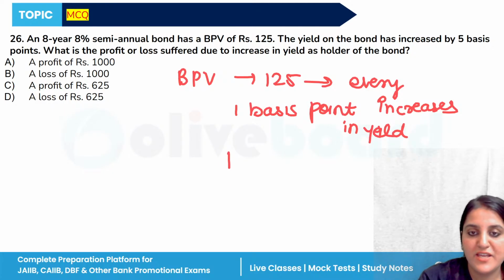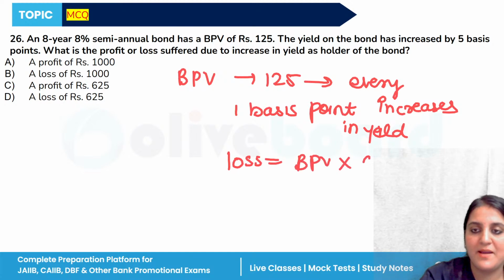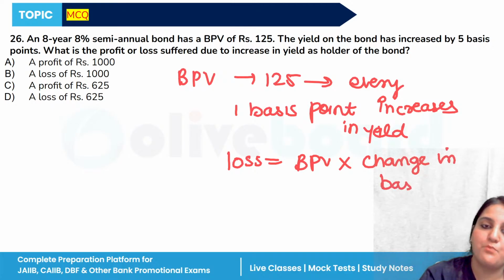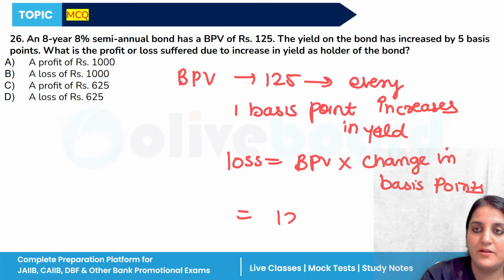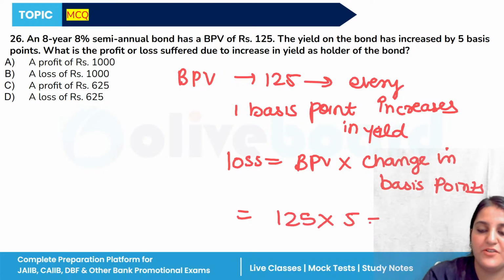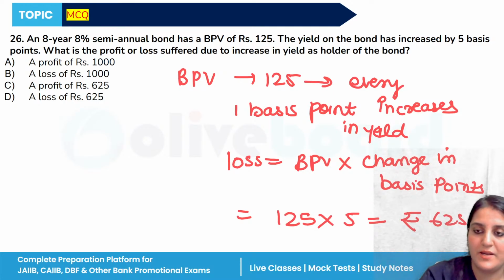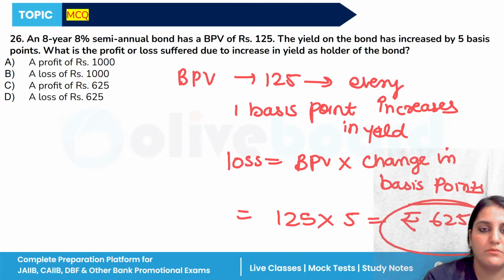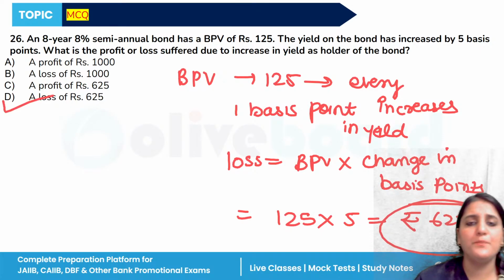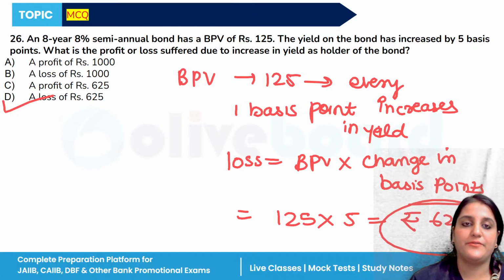That means we can say that loss is equal to BPV multiplied by change in basis points. So here that is 125 multiplied by 5, which is equal to rupees 625. So there is a loss of rupees 625.